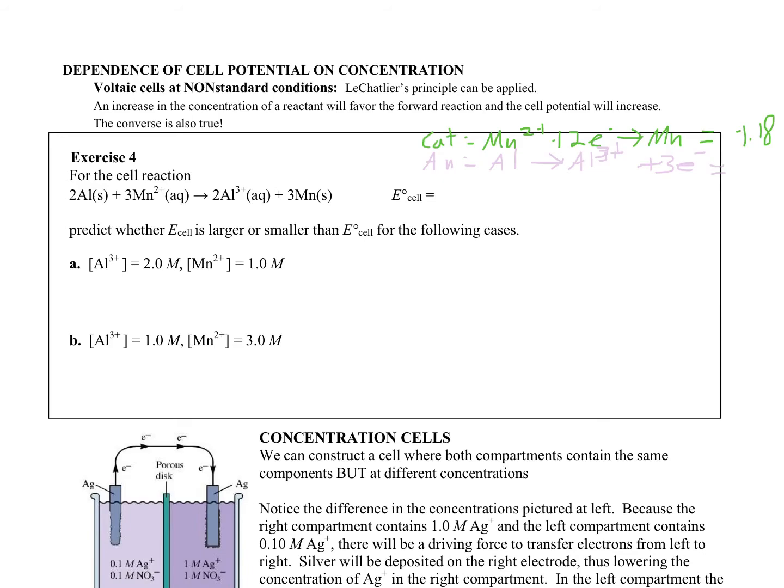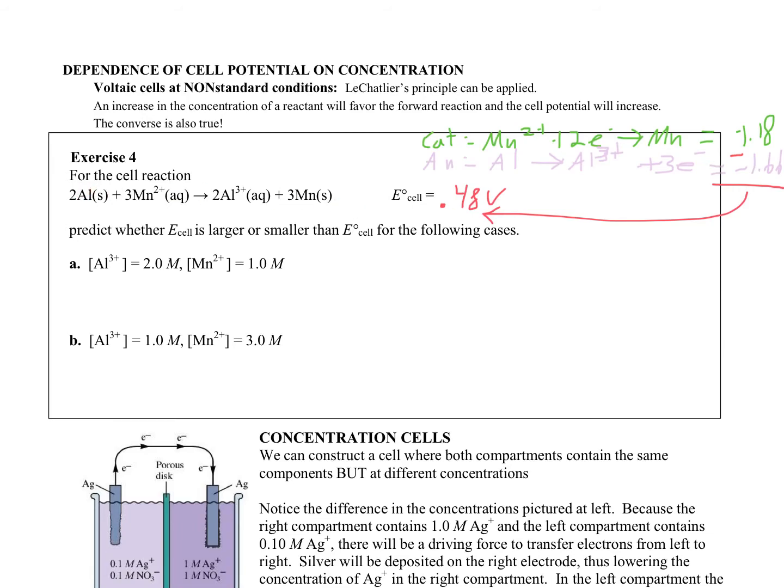I looked that one up on my potential table, and that one is a negative 1.66. So cathode minus anode gives me, I'll write my answer over here, 0.48 volts. So written as it is, this was spontaneous.